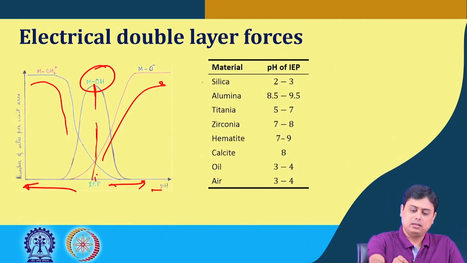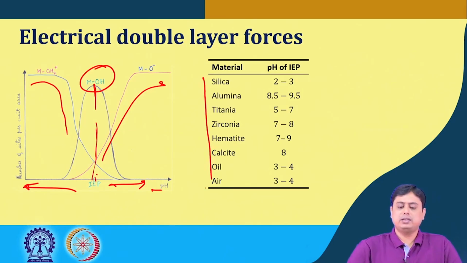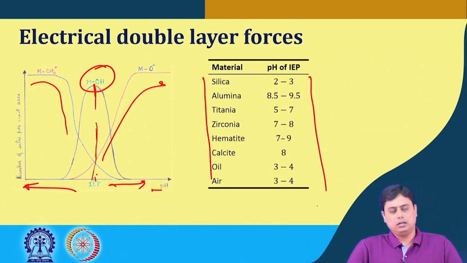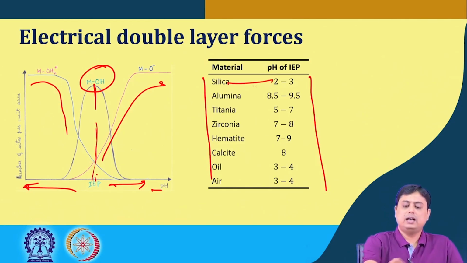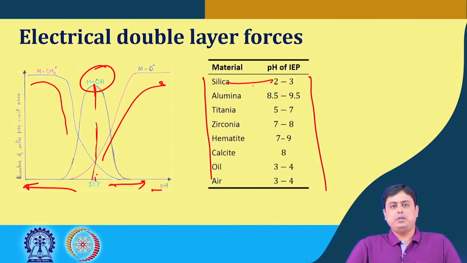And these are the different materials and their approximate IEP values. So we can see silica has an IEP of 2 to 3. Alumina, on the other hand, is 8.5 to 9.5, that is on the higher side.